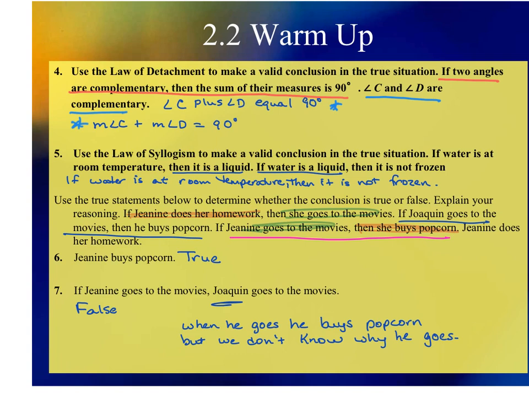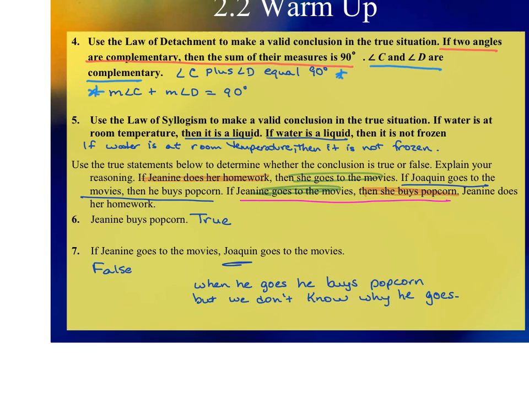Then syllogism, remember this is with the overlap, and you would cancel it out. Now, if you need to rearrange your sentences, you can, but you can't switch the order of the hypothesis and the conclusion. But here I didn't need to. My first statement was, if water is at room temperature, then it's a liquid. Then the second statement was, if water is a liquid, then it is not frozen.